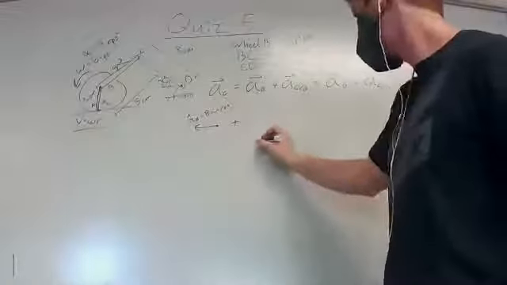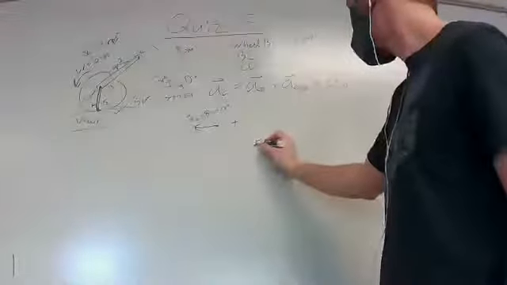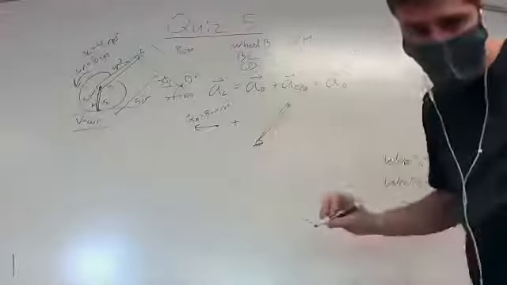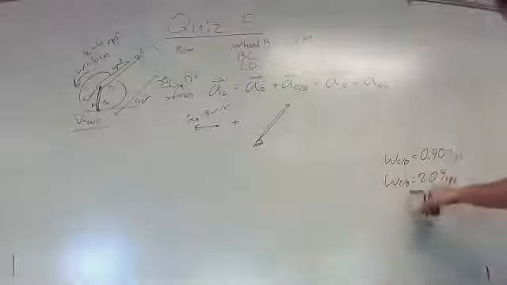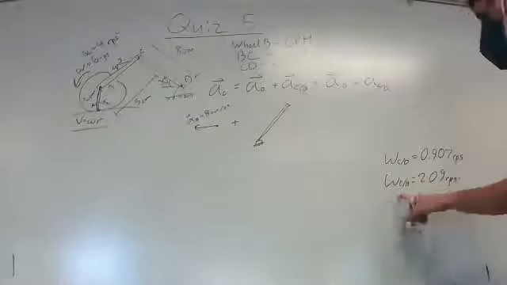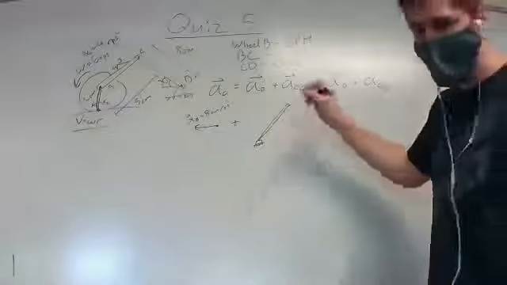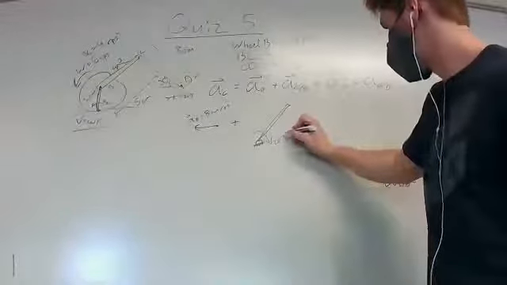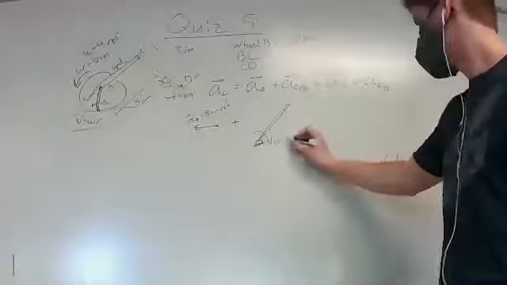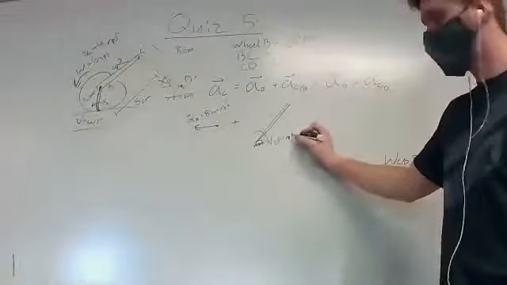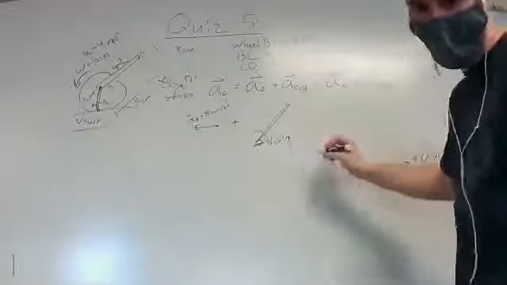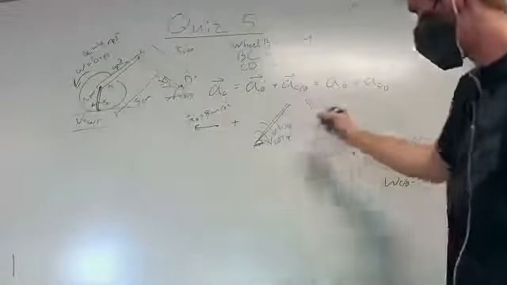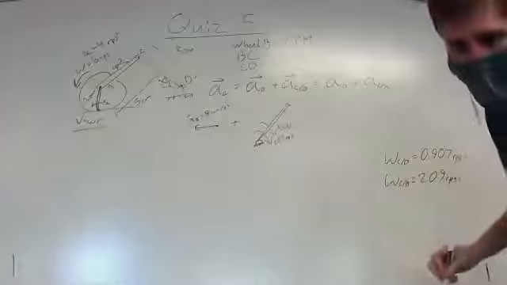We'll have our C relative to B, our omega CB value of 2.09. So we can throw that in a second.